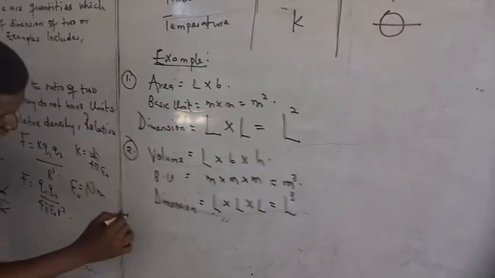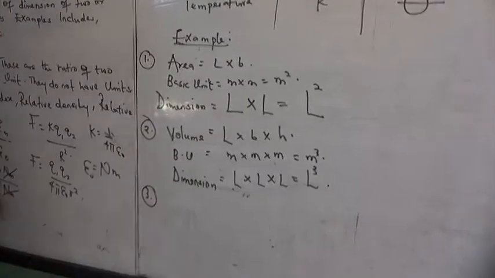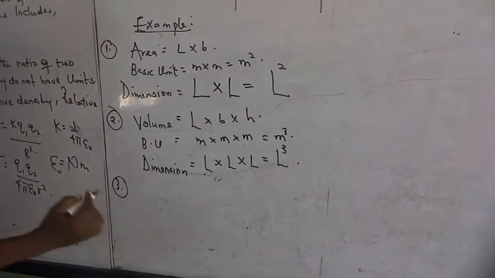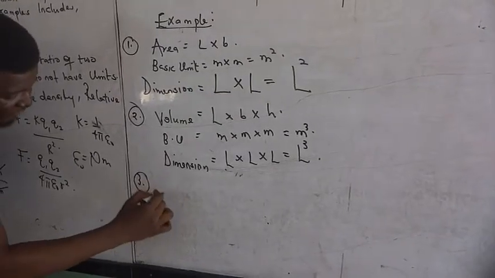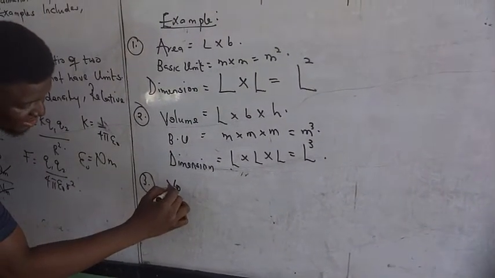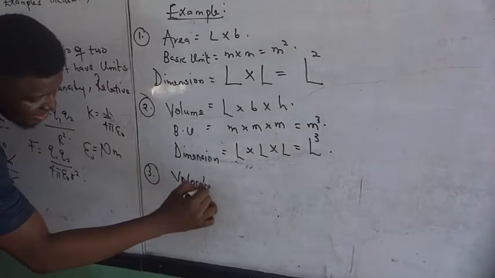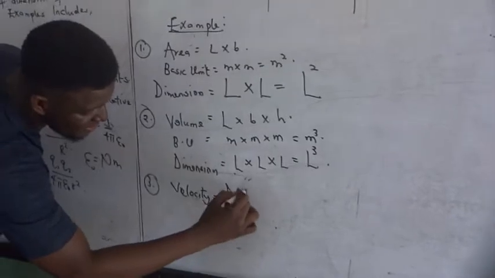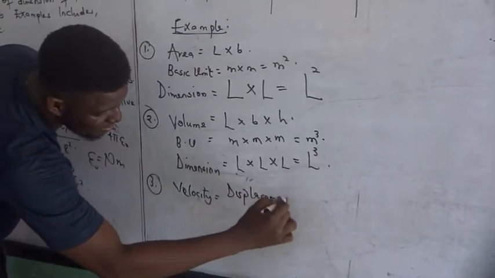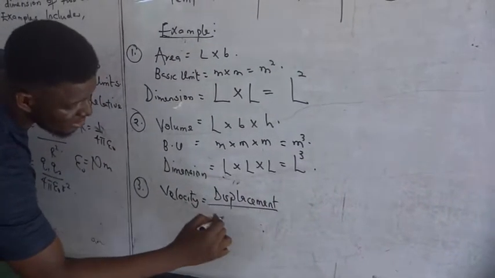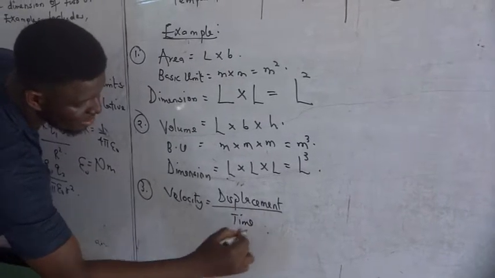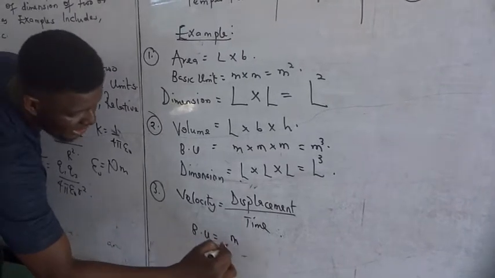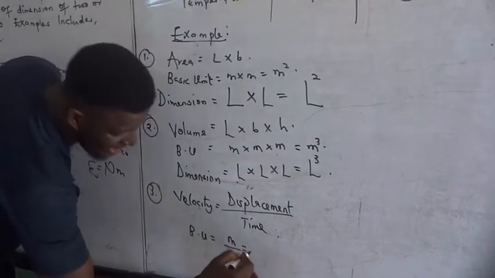Now we can also take it a little bit more complex. Let's go complex. Velocity. Velocity is your displacement over time, and your basic unit here will be meters over seconds, from what I explained last class.